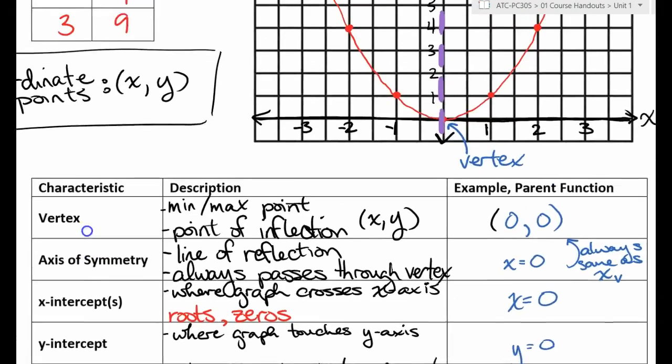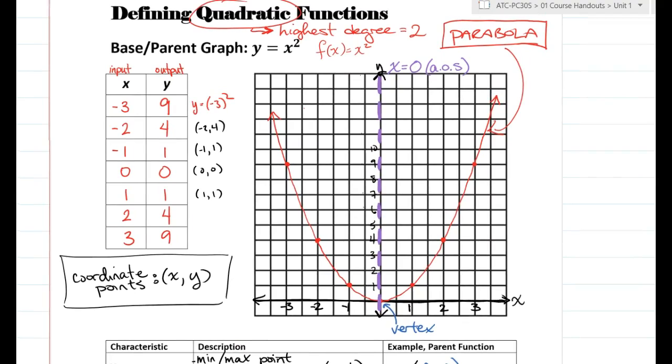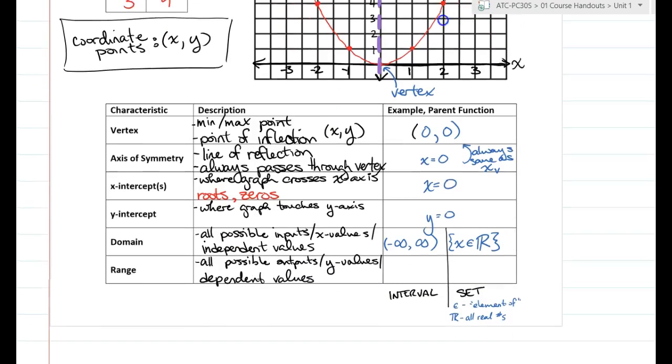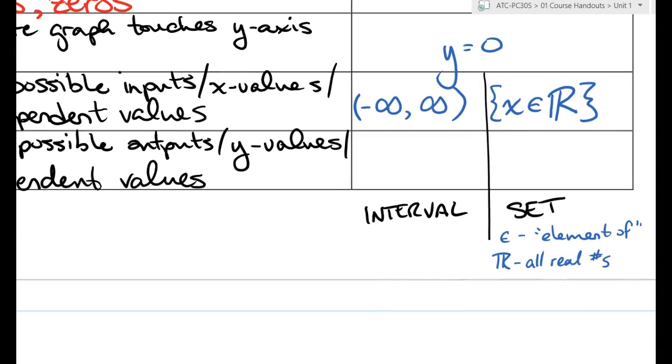Okay. When I go back to my graph and even just my deciding of what my scale was going to be, I said that I didn't need to go below my x-axis because I had no negative y values. So that, in essence, we were already talking about the range without actually calling it that. So when I go to talk about the range, well, it doesn't go below 0, but it can be 0.